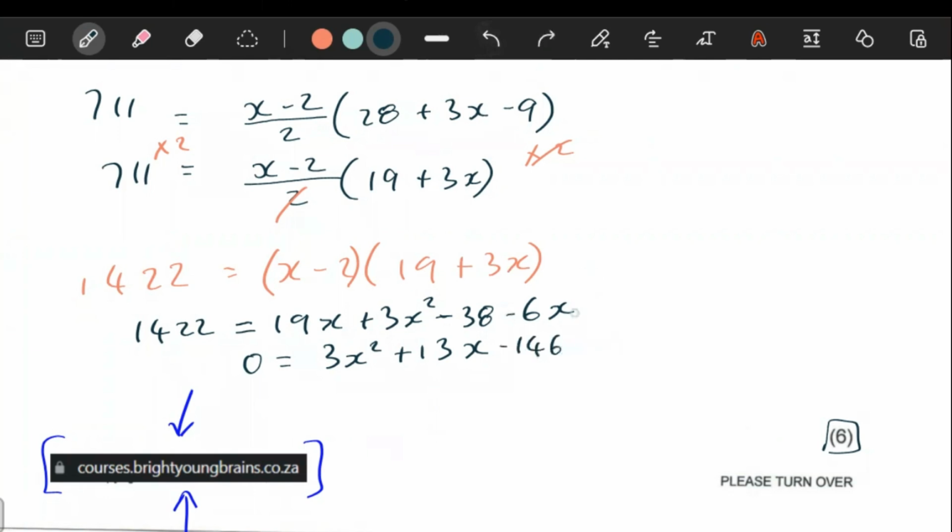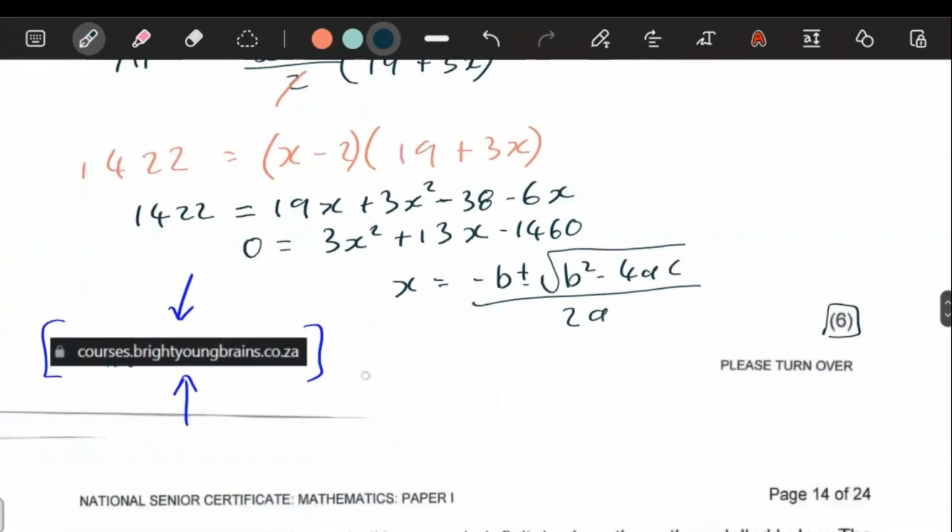Let's now solve for x. We can just use the quadratic formula: x equals minus b plus or minus the square root of b squared minus 4ac, the whole thing over 2a. So minus b is negative 13, plus or minus the square root of b squared minus 4ac, over 2 times a.